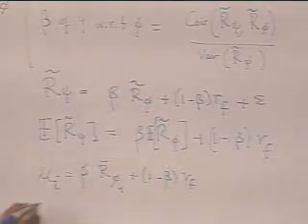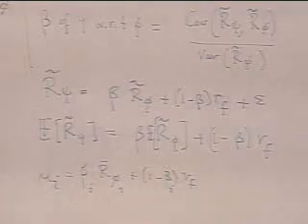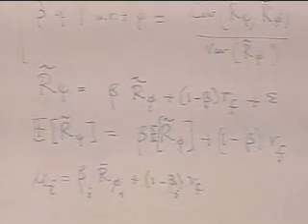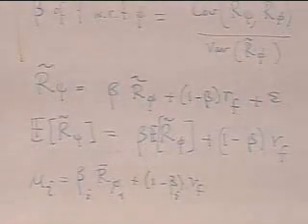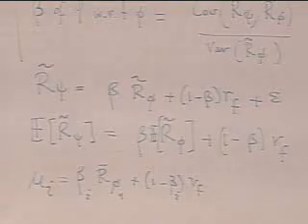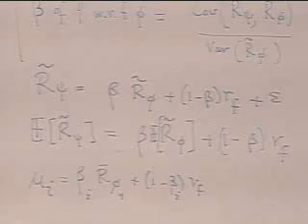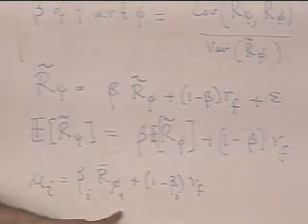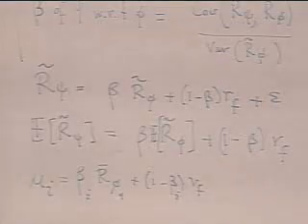And I should put a beta I here, meaning it's the beta of that asset. So if you compute the beta of that asset with respect to any efficient portfolio, you immediately get that expression. And that expression says that the expected return on that asset I must have this relationship. It's beta times the return on the efficient portfolio plus 1 minus beta times the return on the risk-free rate.